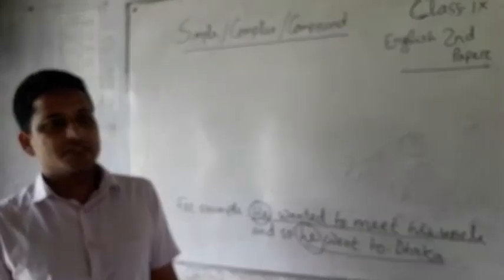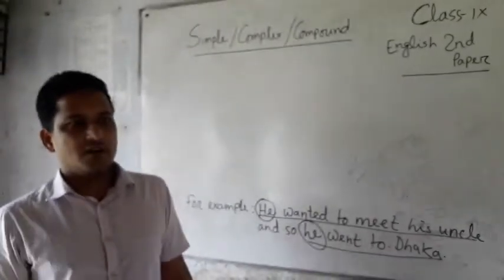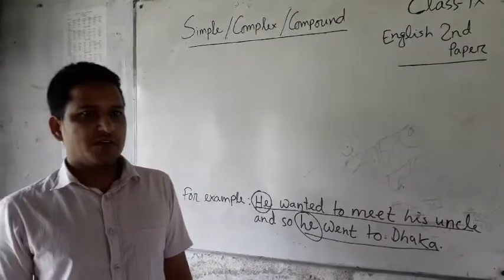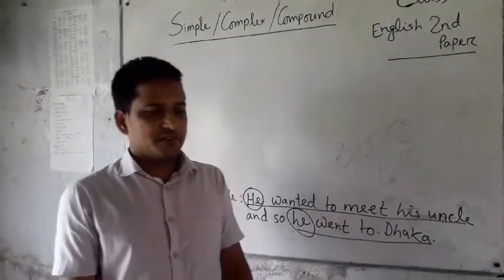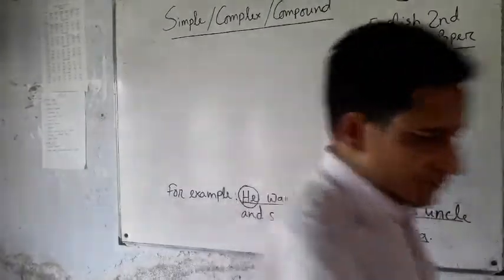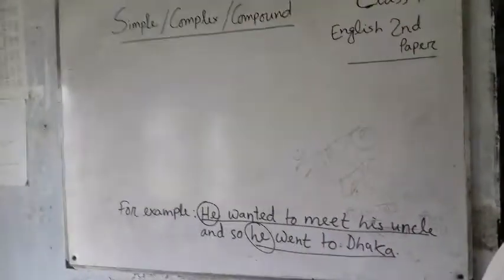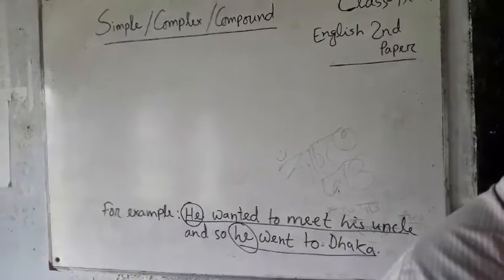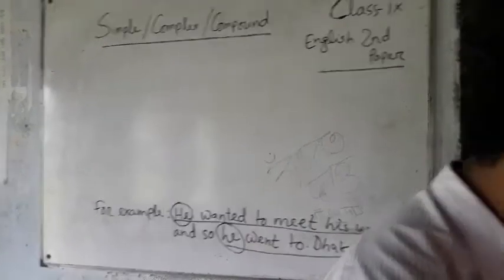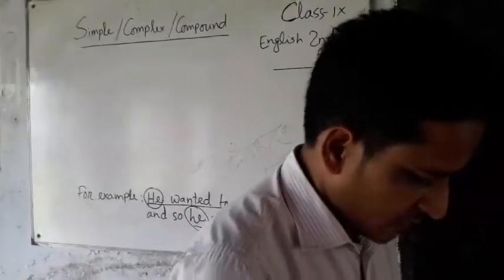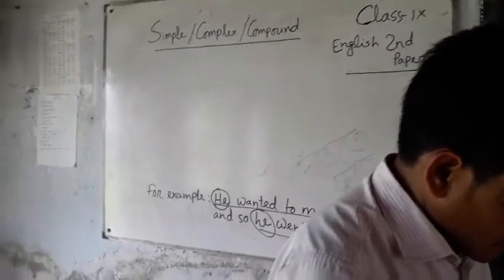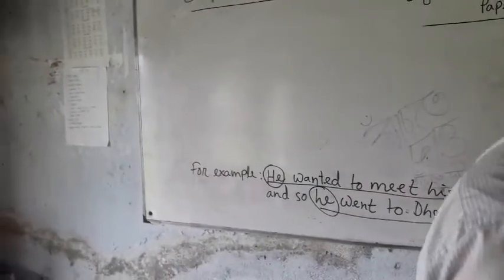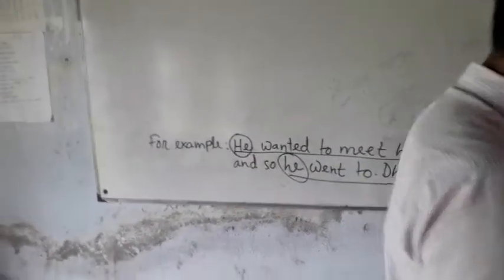Okay, these are the basic rules of changing simple to complex sentence or complex to compound or compound to complex, vice versa. Now we will know how to change the sentences.